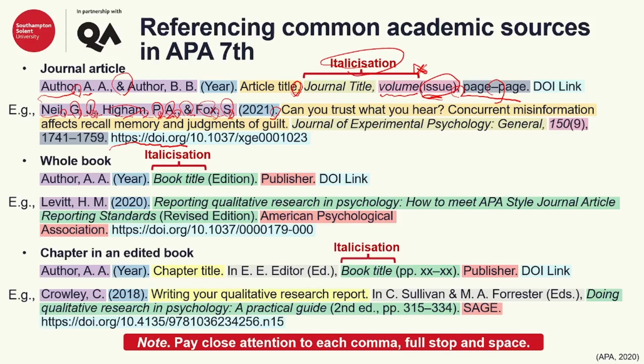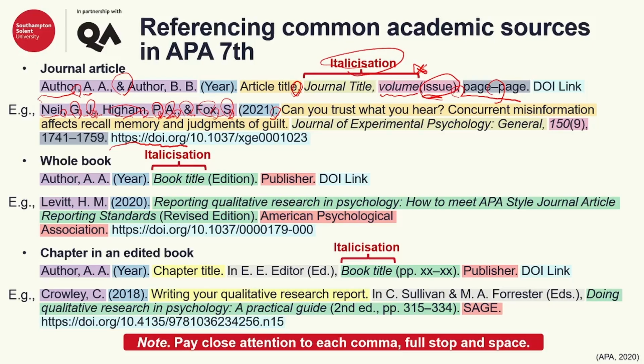The order and details follow the same general structure as the journal article. The purple section shows the author's surname and initials. The blue section shows the year in round brackets. The green section shows the book title.